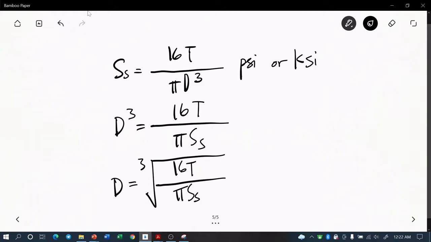We'll look up tables where, given a type of loading or other factors, we can determine the design factor. But first we'll obtain the S sub S, or the design stress.